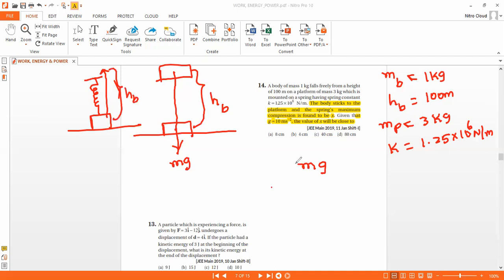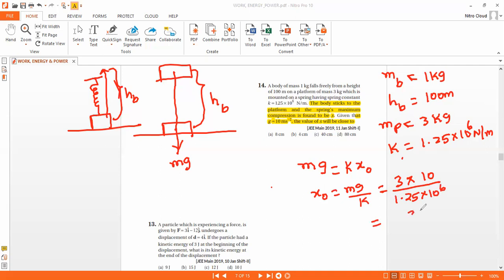Initially I can write K times x naught equals mg. So x naught is equal to mg by K. The mass of the platform is 3, g will be 10, over 1.25 into 10 power 6.